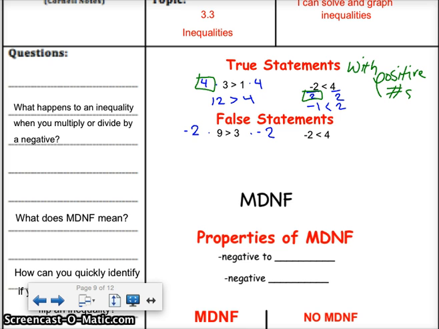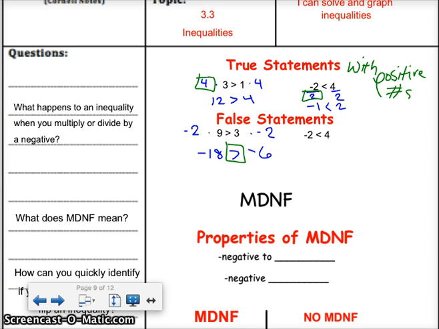What's negative 2 times 9? Negative 18. 3 times negative 2 is negative 6. Is negative 18 bigger than negative 6? No. The more negatives you have, the smaller it is. This is false. Something happened with the inequality when I times through by a negative number.